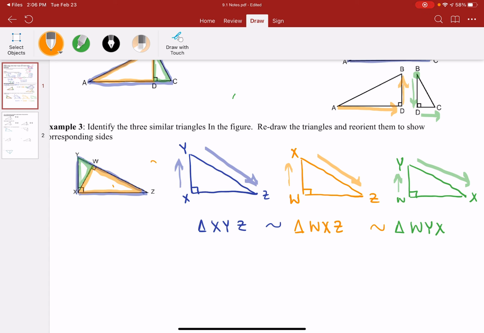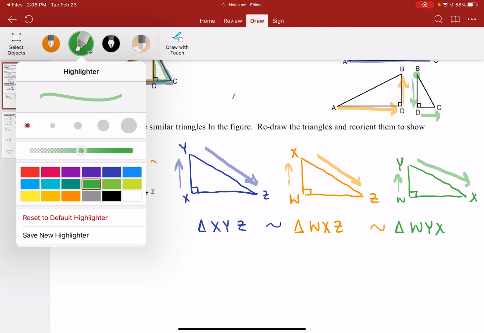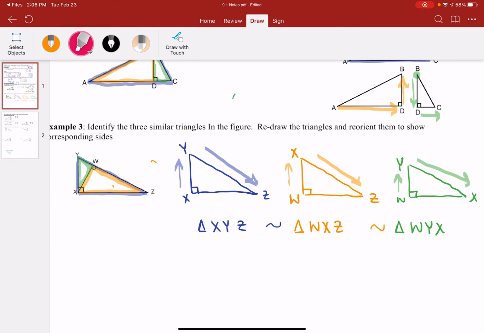So in these triangles, like in this first one, this blue one, XY is the short side. In the orange one, WX is the short side. In the green one, WY is the short side. Right, so they all have a short side. So those lengths go together, they correspond.